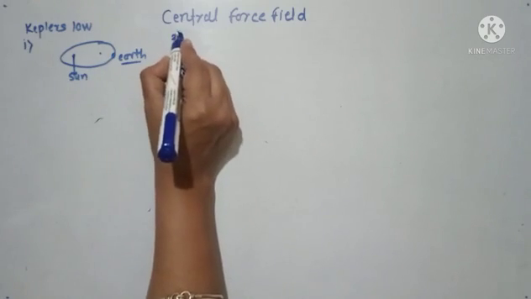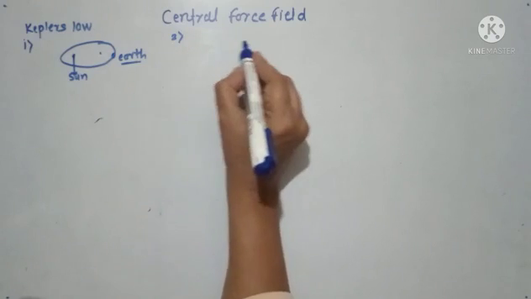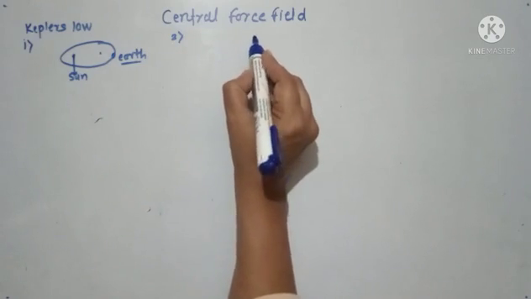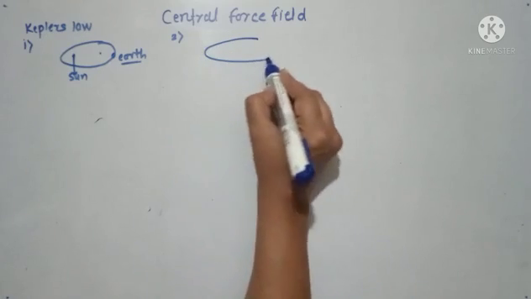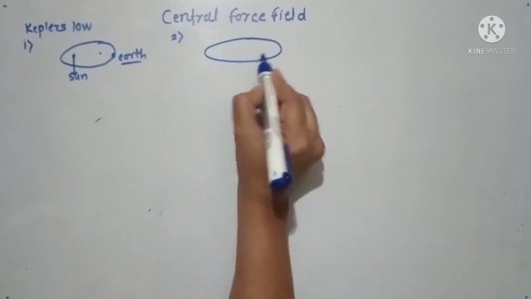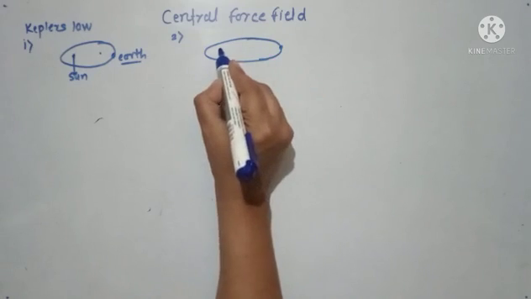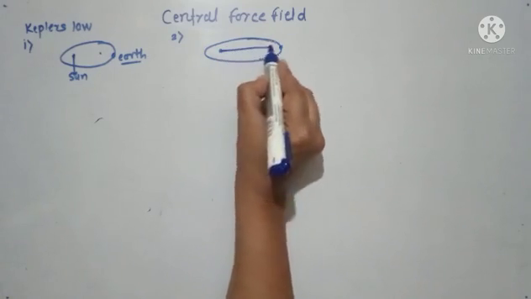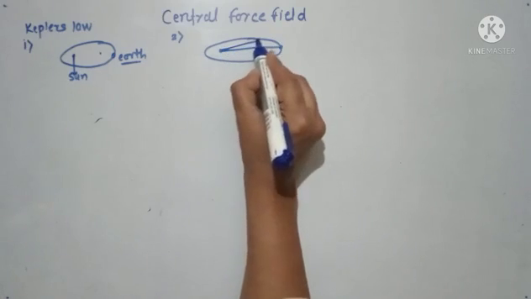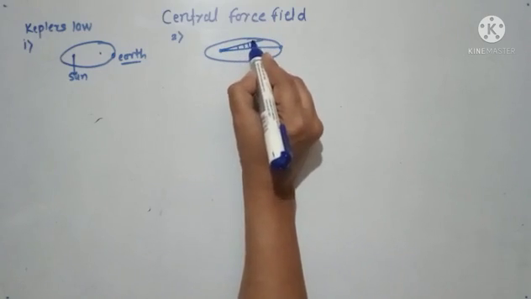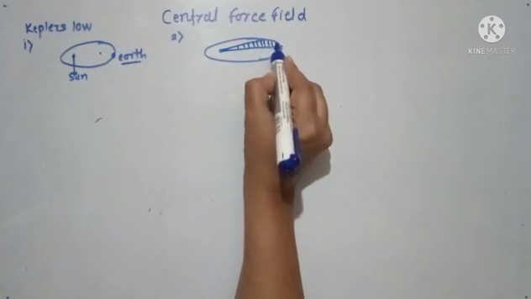Then Kepler's second law says that the area swept by the radius vector drawn from the center of the planet to the center of the sun in equal intervals of time is equal. So what is the meaning of this?